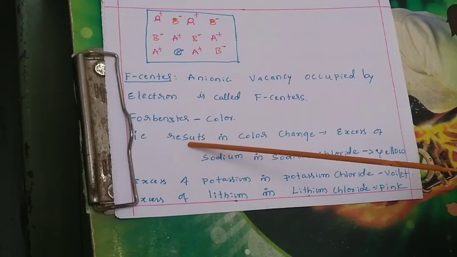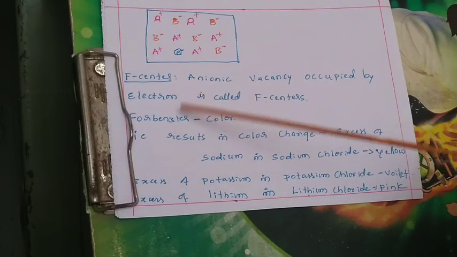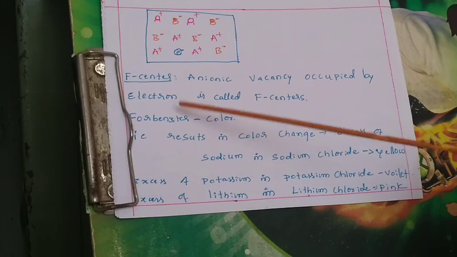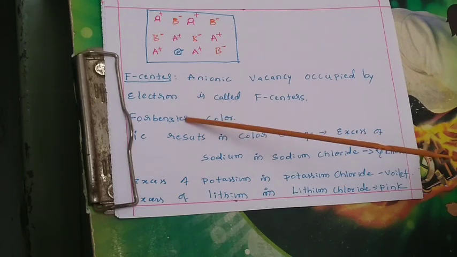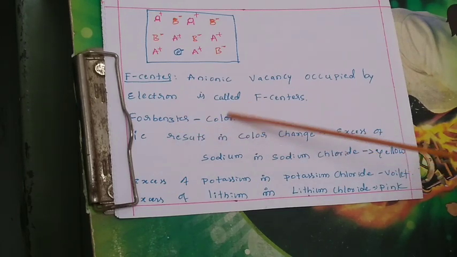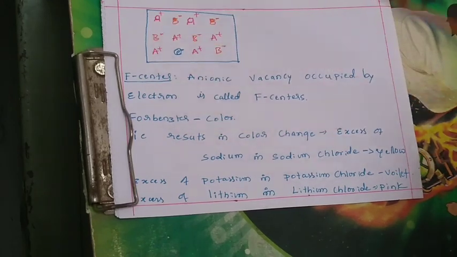So here, when the F centers are present, they impart color to the crystals. When they impart color to the crystal, it is termed an F center. For example, in sodium chloride, if there is an excess of sodium ions, that gives a yellow color.